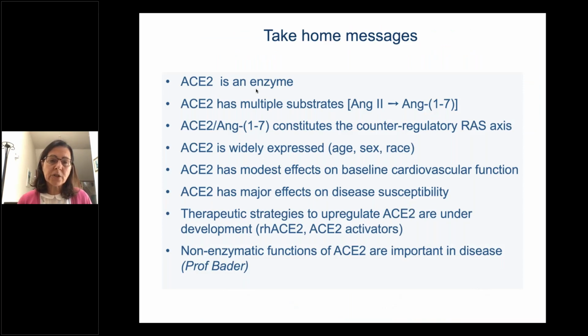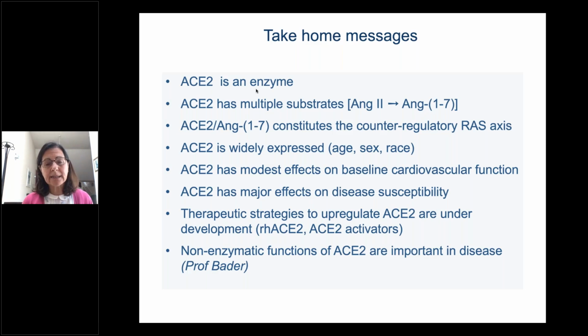So the take-home messages for today relate to ACE2 being a very important enzyme as part of the renin-angiotensin system. ACE2 has multiple substrates, but Ang2 is probably the most important as we know it today. The ACE2-Ang1-7 axis constitutes the counter-regulatory axis of the renin-angiotensin system.